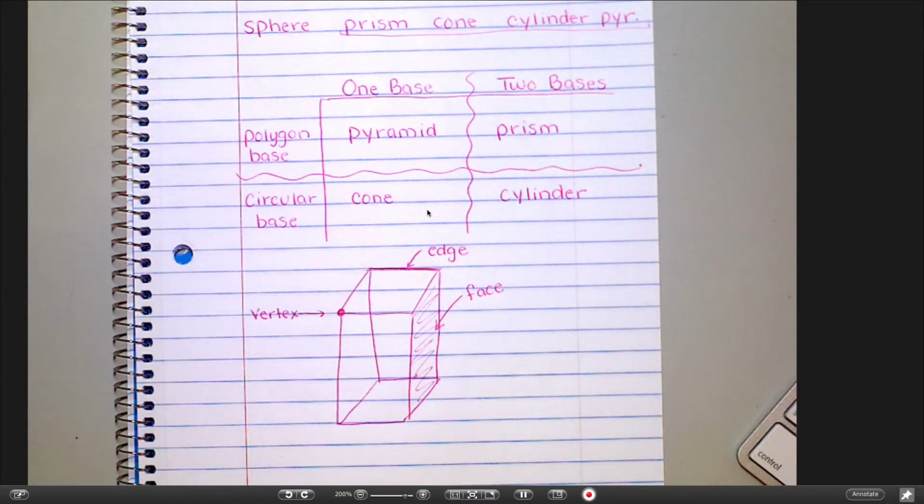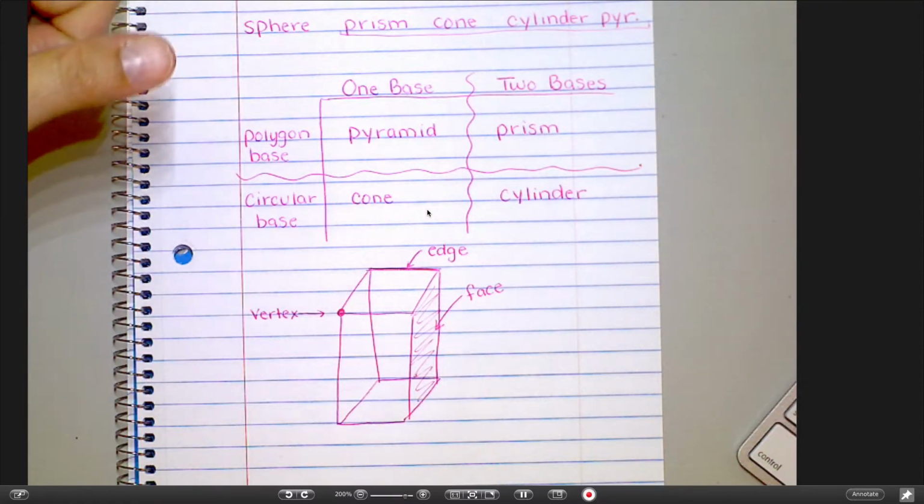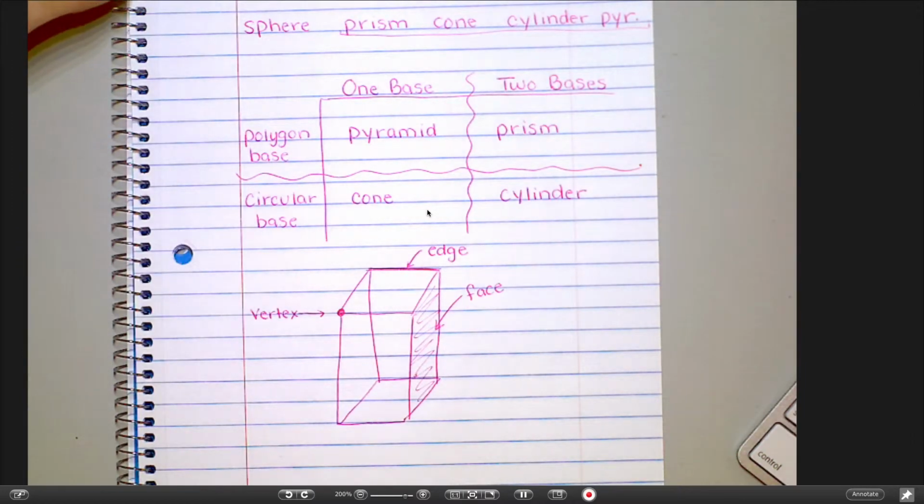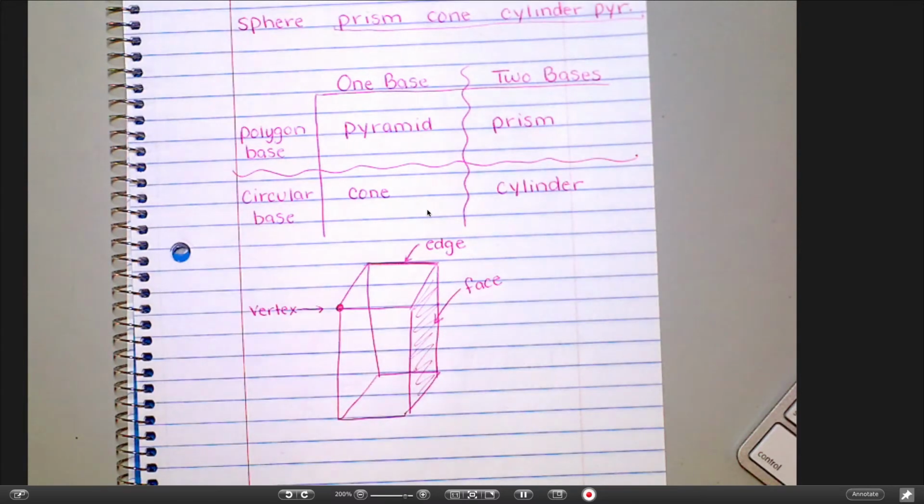A cone has no edges, right? Cylinder has no edges. Anything that's round does not have edges. So, we don't really talk about edges with a circle because a circle is flat. But anything that has a circle in it, we would say does not have any edges. I think that's everything you need.